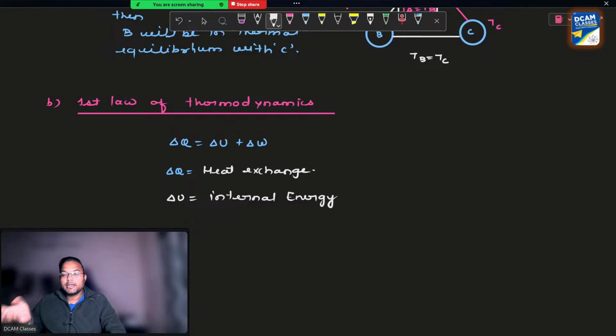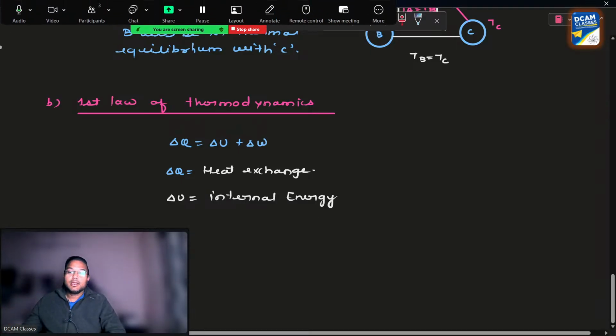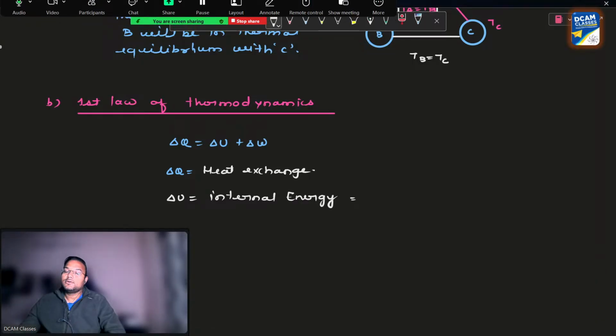So they'll have some kinetic energy, some potential energy, some vibrational energy, all those kinds of energy. So when you take the sum of all those kinds of energy, that's known as the internal energy of a system.